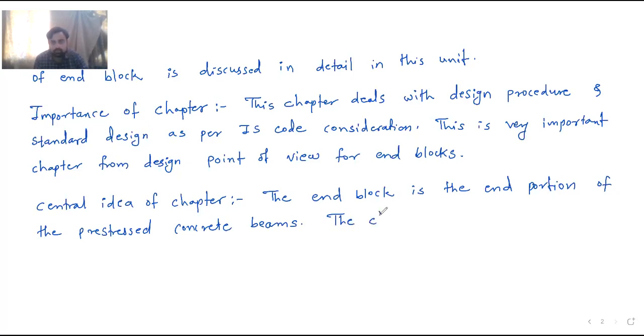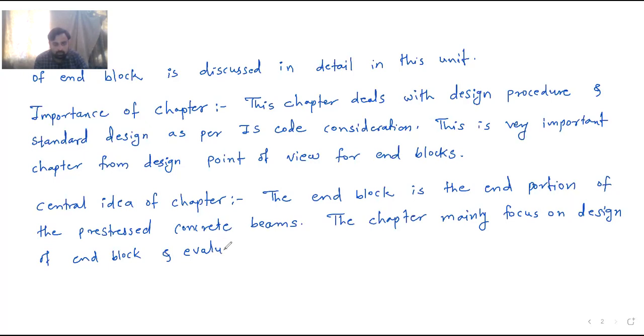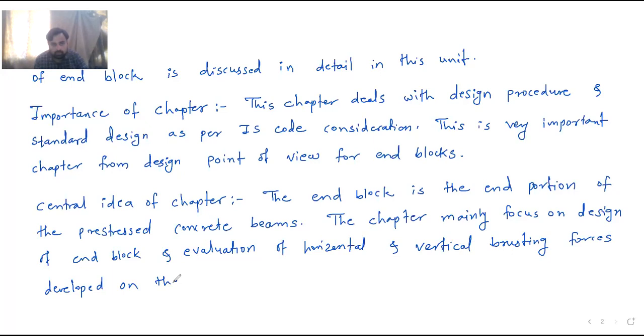The chapter mainly focuses on design of end block and evaluation of horizontal and vertical bursting forces developed on the end block.